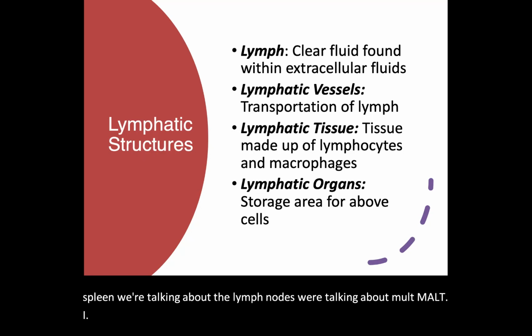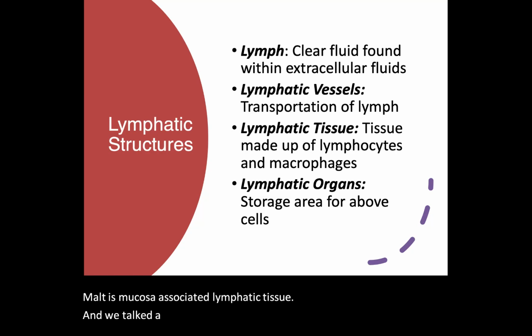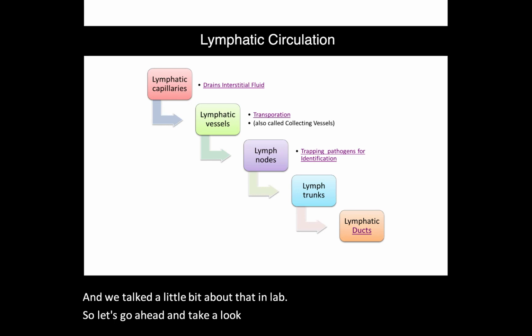Right? MALT is mucosa-associated lymphatic tissue. And we talked a little bit about that in lab. So let's go ahead and take a look at the pathway that lymph is going to follow.